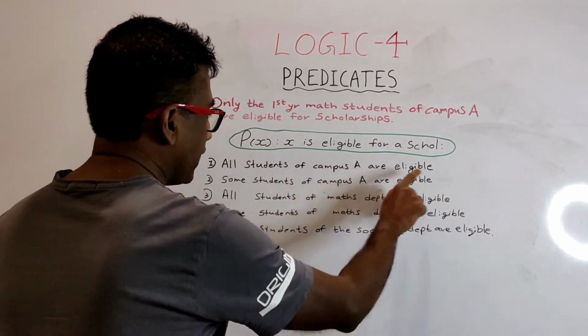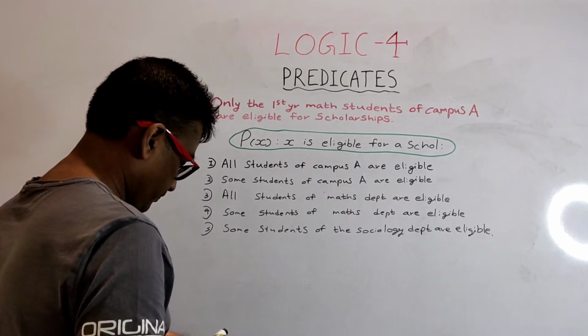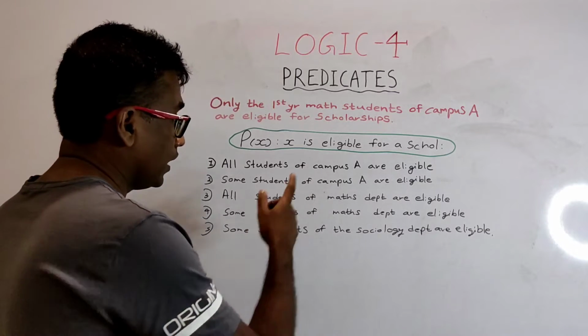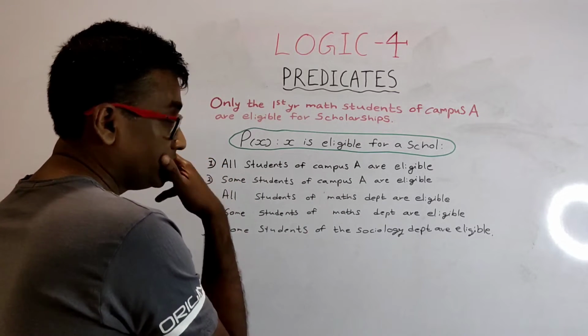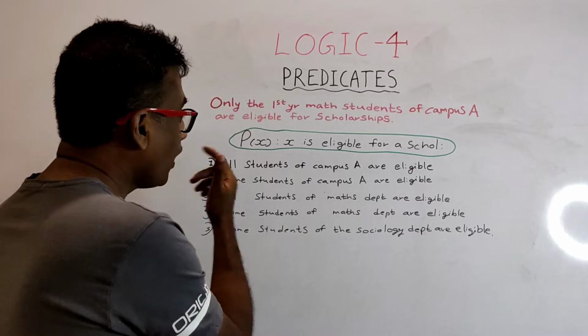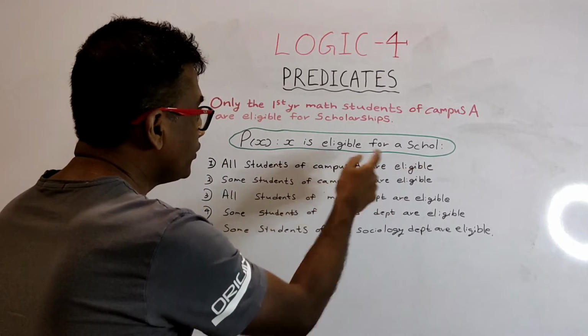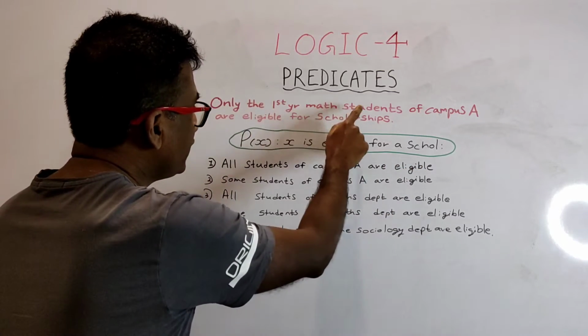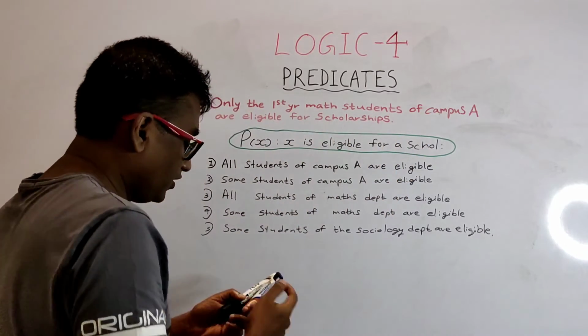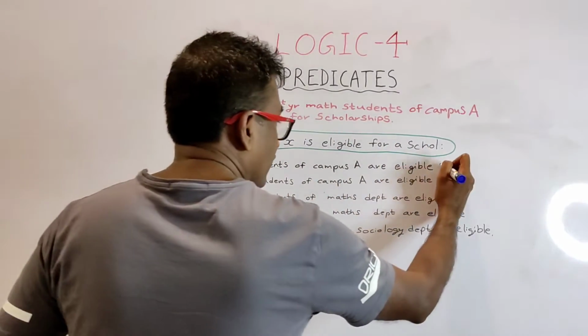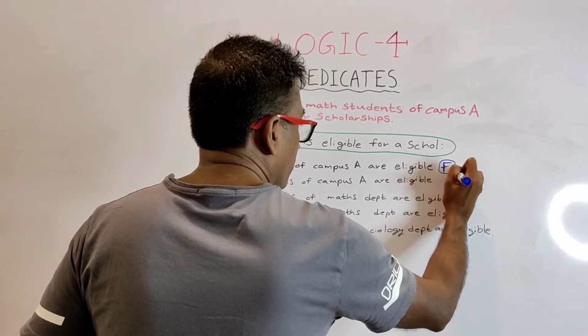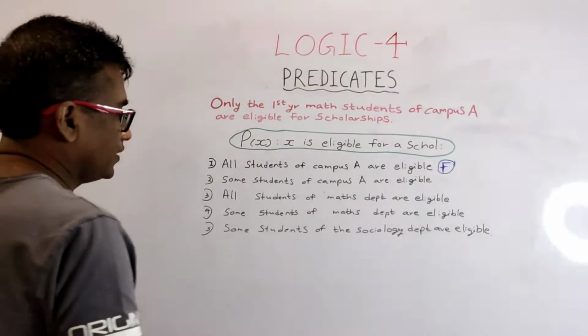All students of campus A are eligible. Now has it got a truth value? Yes. Are all students of campus A eligible? No. Only the first year math students are eligible. So this is false. Therefore it's a proposition. It has become a proposition.